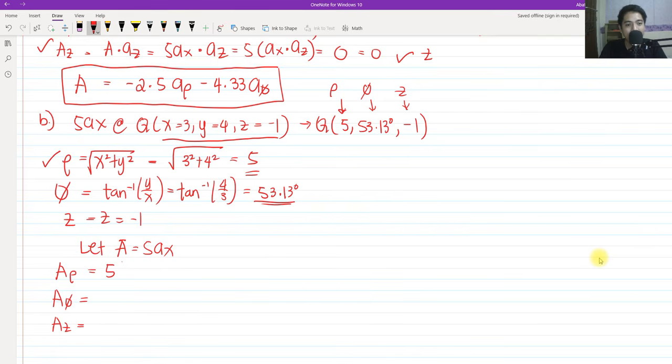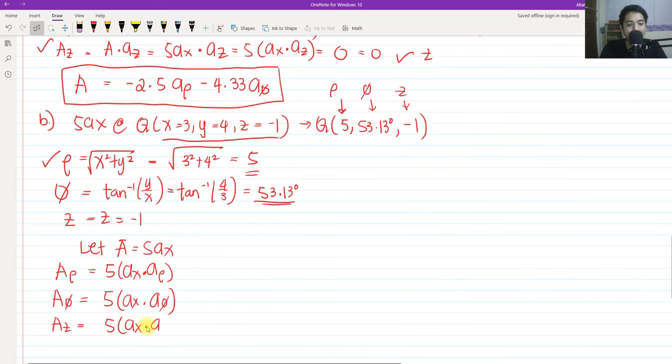So we have 5 a_x dotted by the unit vector a sub rho. Please forgive me, I'm always confused: this is rho, this is phi. So we have 5 a_x dot product by a sub phi.